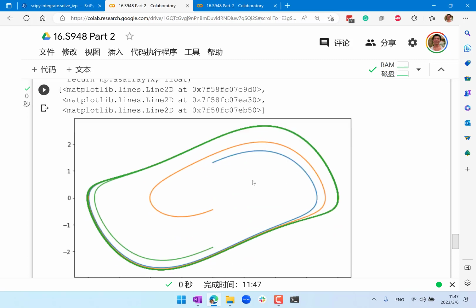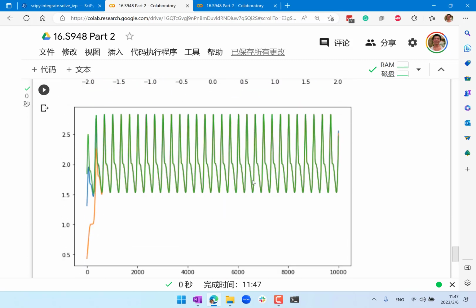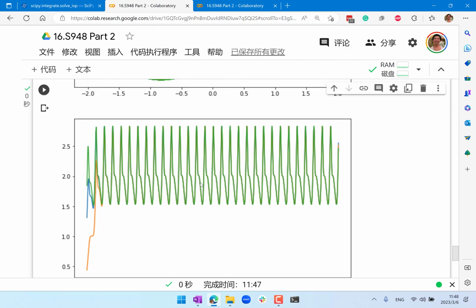So this is again the trajectories, and this is how the magnitude of the small perturbation changes as a function of time. What do we observe here? It's oscillating between two points, which I guess is when it passes the fixed points. We see the magnitude going up and down.